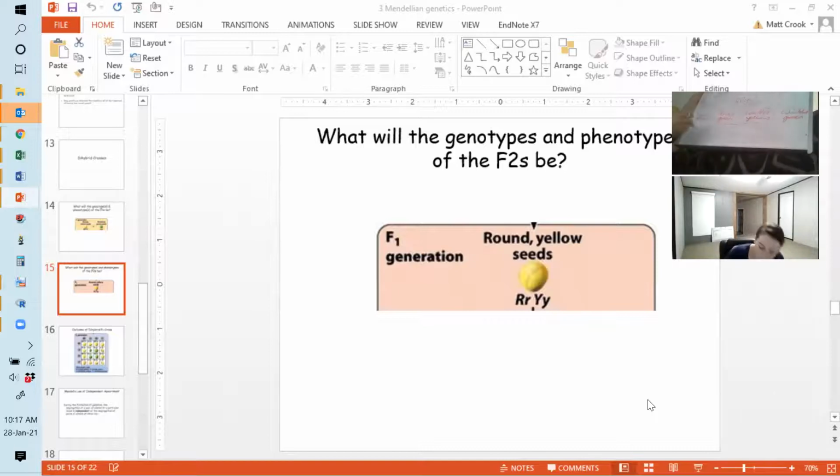And that ratio will always be 9 to 3 to 3 to 1. Always. If it's not a 9 to 3 to 3 to 1 ratio, then something else is going on. Your assumption about how the cross was organized and laid out is wrong.